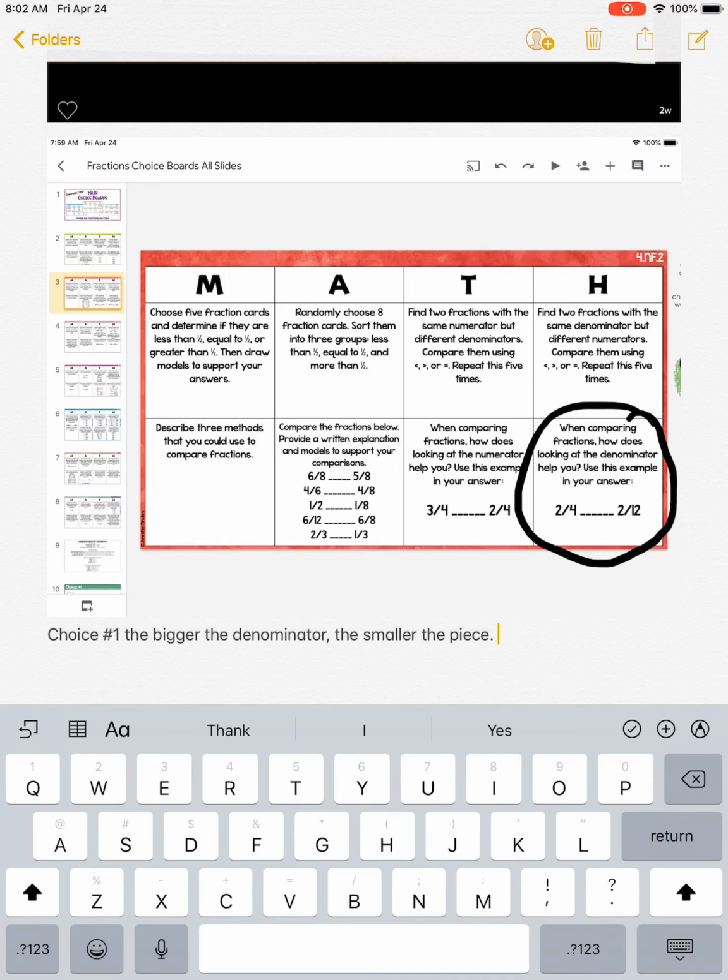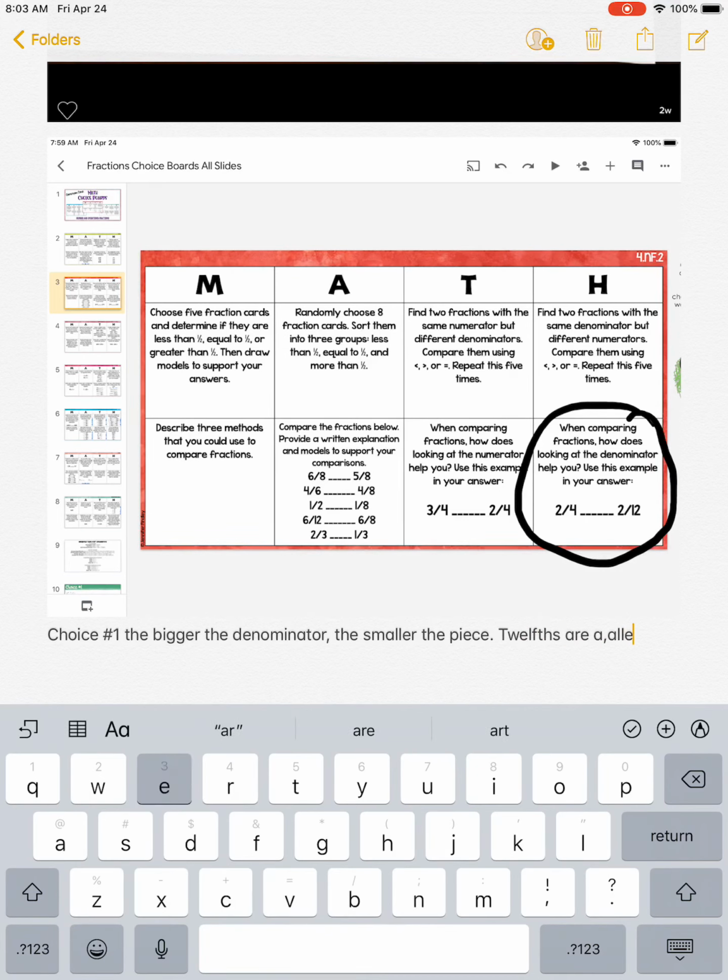So we have 2/4 and 2/12, so we know 12ths are going to be very tiny pieces. It's like if you had to share a pizza with 4 people, or if you had to share a pizza with 12 people. With 4 people, that's less people to share it with, so that means more pizza for you. So we can say 12ths are smaller.